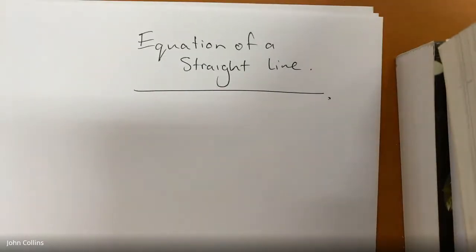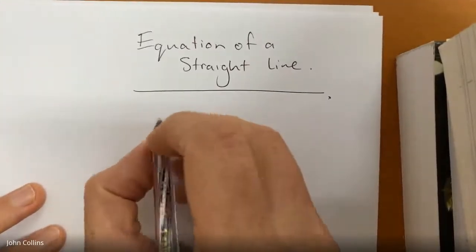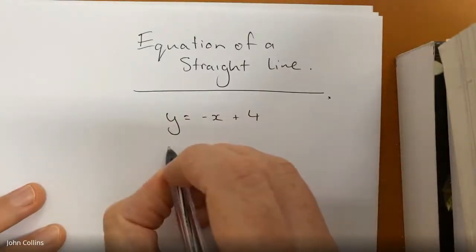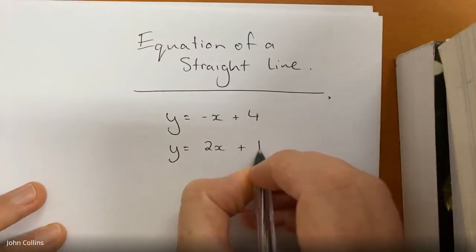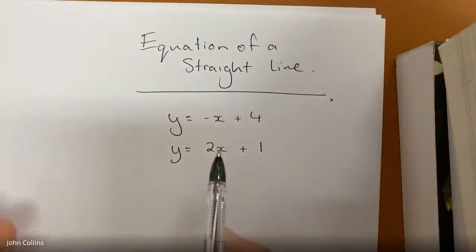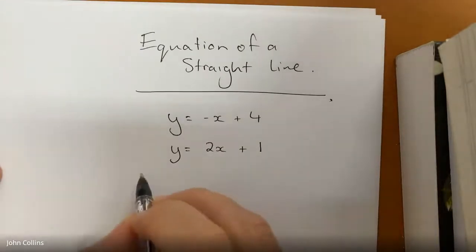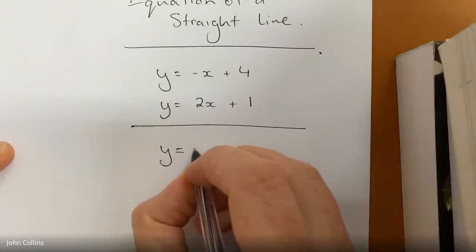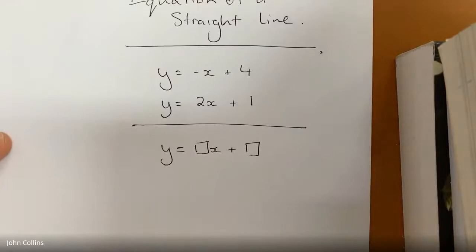All right, so far, the two formulas we looked at yesterday were y is equal to negative x plus 4, and y is equal to 2x plus 1. And they both were formulas for straight lines. Does that mean I can say in general that anything that's written y equals something x plus something is a formula for a straight line, as long as the two somethings are numbers?